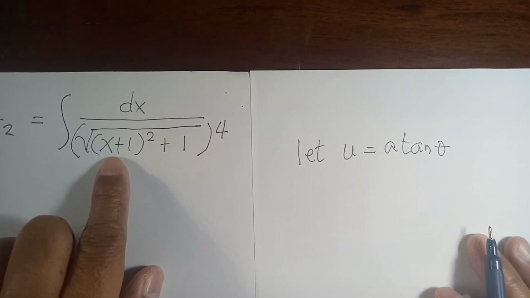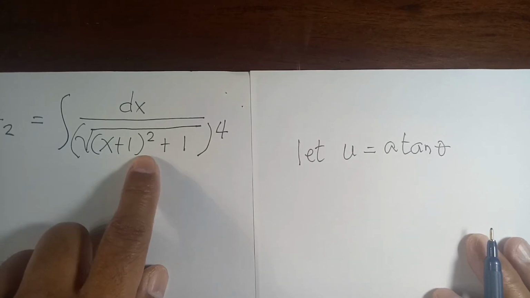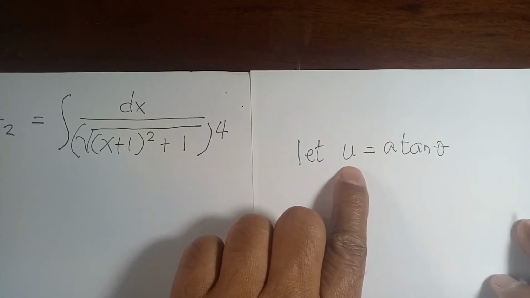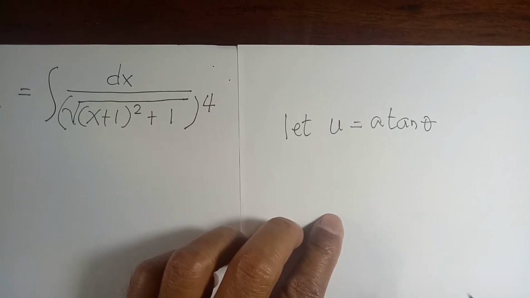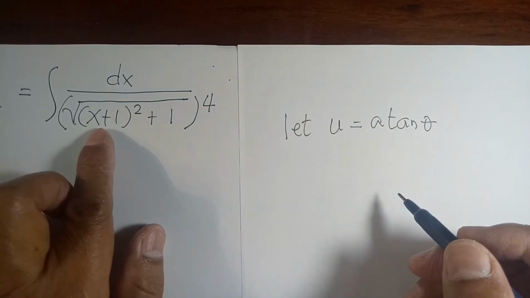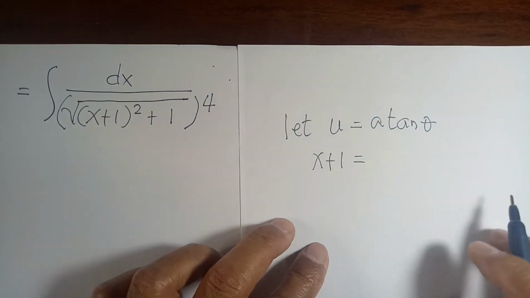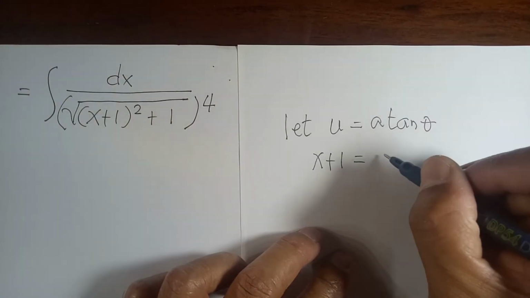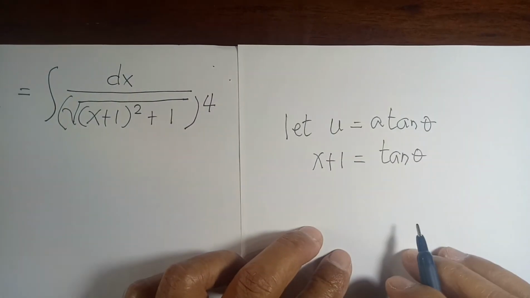Dahil yung ating square root of x plus 1 squared plus 1 takes the form of square root of u squared plus a squared. Kaya yung ating substitution ay u equals a tangent of theta. Kaya rin yung u ay x plus 1. So, x plus 1 equals A. Ang A natin ay 1. So 1 times tangent theta is tangent of theta.